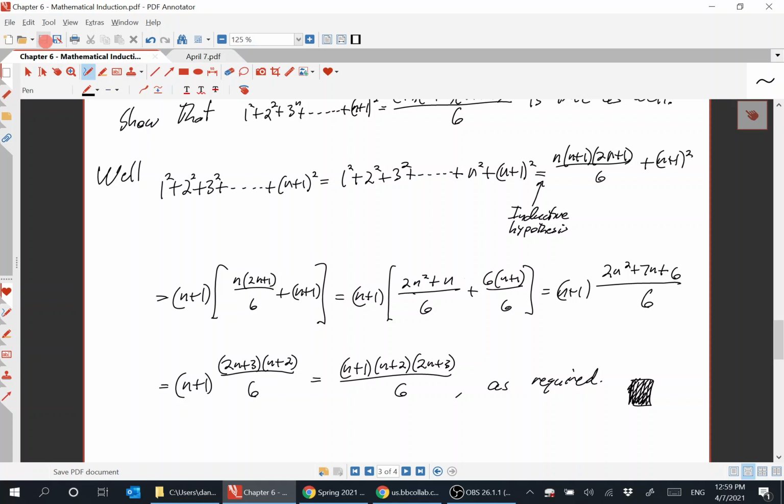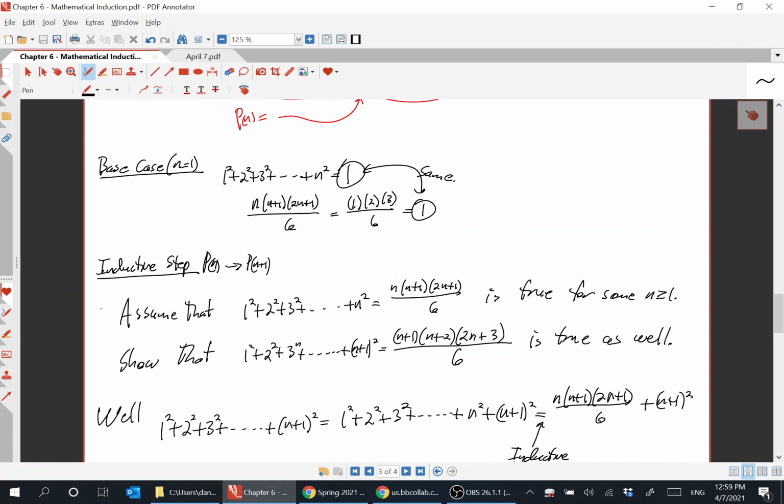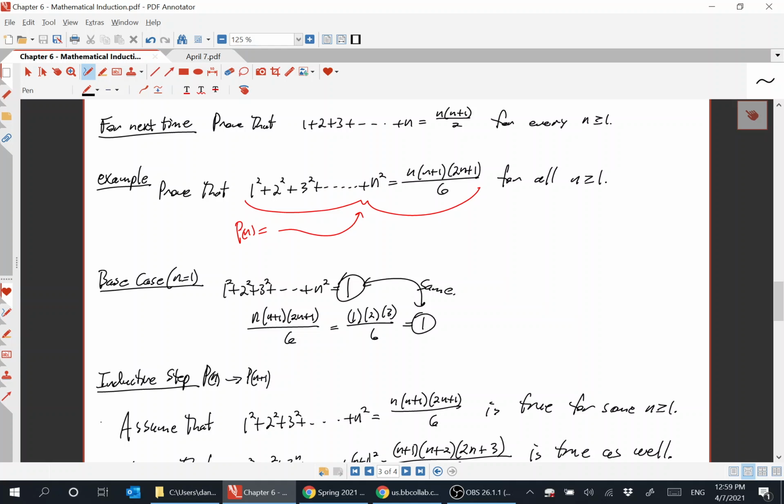This one has a geometric proof, although it is not any easier than this. And there's an algebraic proof for these things, which is really clever, but that's a more advanced topic. So actually, there is a theorem of this sort for, this is the sum from 1 to n, this is the sum from 1 squared to n squared, then the sum from 1 cubed to n cubed, 1 to the 4th to n to the 4th.